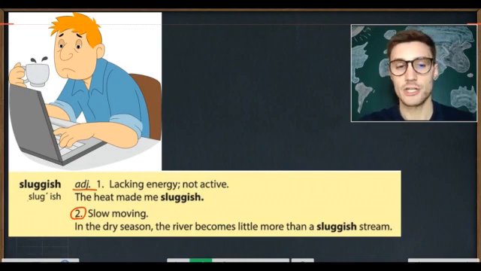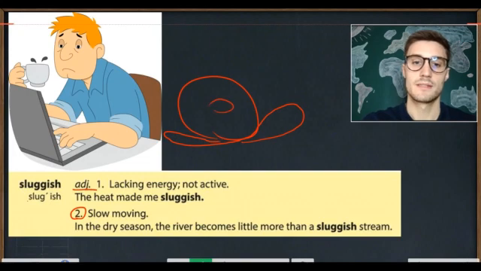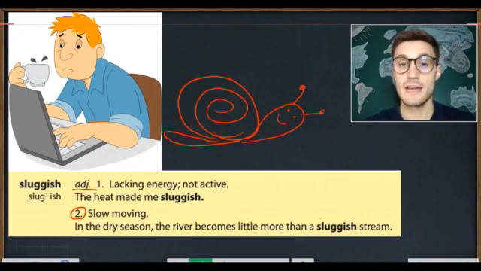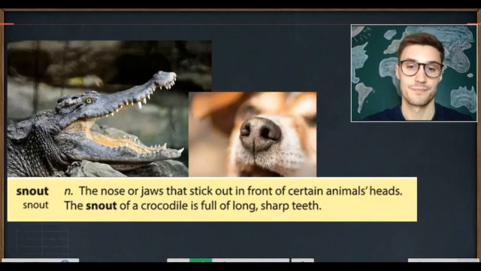Slug is actually the name of a snail, right? A slug. This is a slug. So a slug moves very slowly, so that's why we call slow movements or something that lacks energy sluggish. You can feel very sluggish.